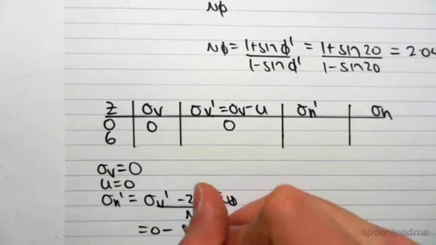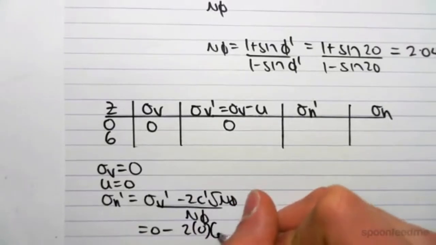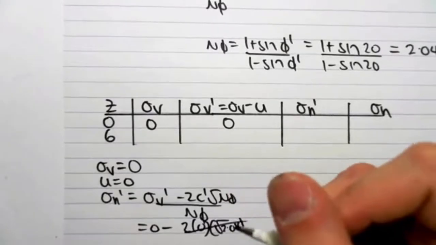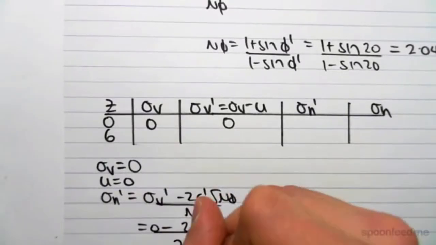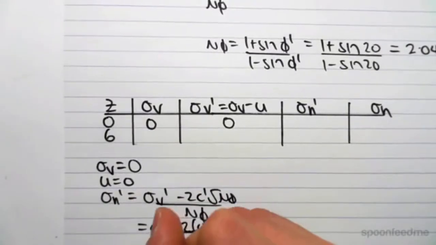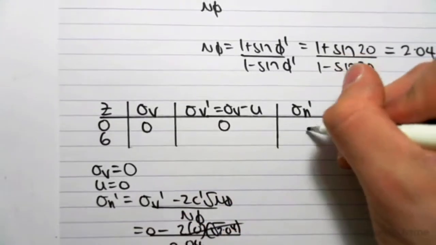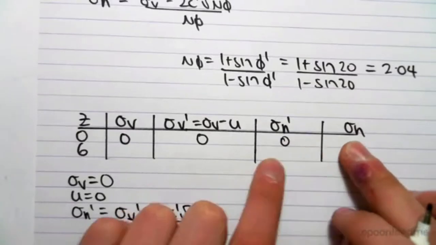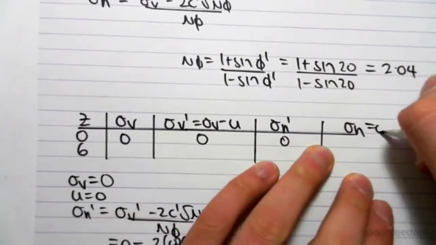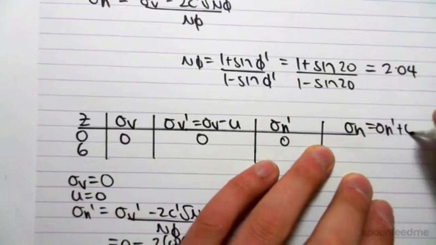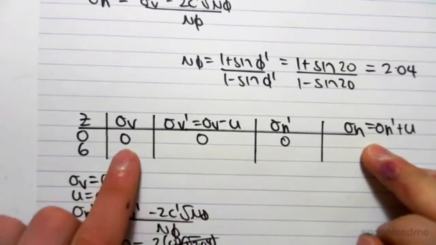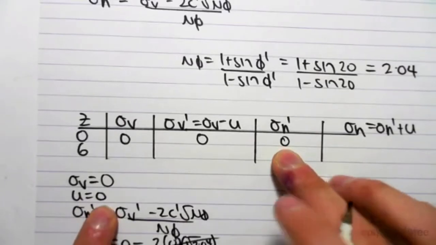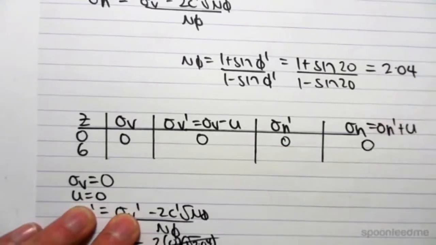So this will be 2 outside of 0 root 2.04, divided by 2.04. But because that's 0, our whole answer is 0. And that means if we were to find our horizontal stress, it would be the effective stress plus the pore water pressure, but the pore water pressure is 0. So it's going to be 0 plus 0, which will just be 0.